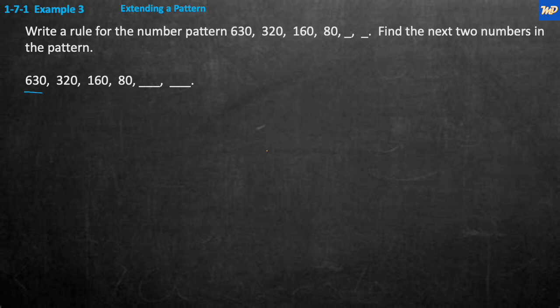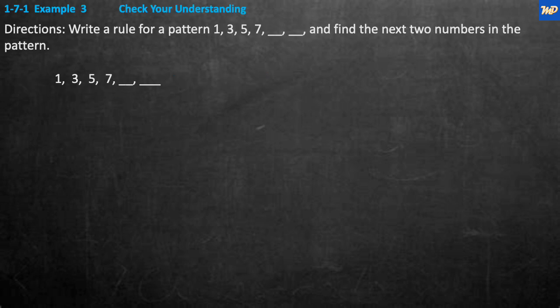Okay, so we're going to divide by 2, get 320. 320 divided by 2 is 160. 160 divided by 2 is 80. 80 divided by 2 is 40. And 40 divided by 2 is 20. Then, of course, the next number would be 10 and 5, and then 2.5, and on and on and on. Okay?